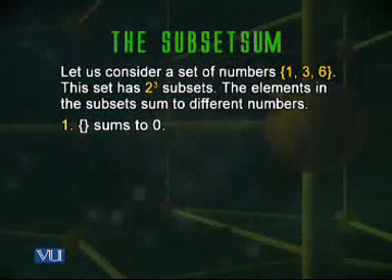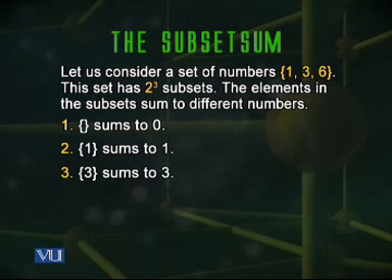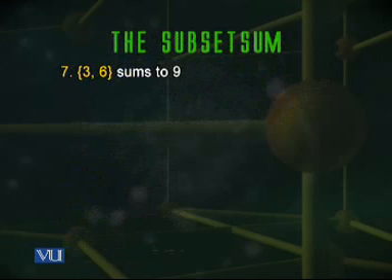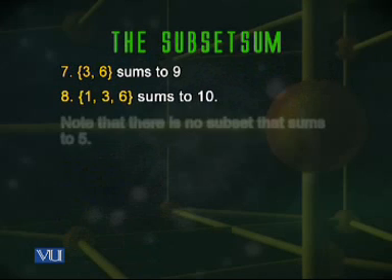Well, the empty set gives us the sum 0, the singleton set 1 gives us the sum 1, 3 gives us the sum 3, the singleton set 6 gives us the sum 6, the set 1, 3 gives us the sum 4, since 1 plus 3 is equal to 4. The set 1, 6 gives us the sum 7. The set 3, 6 gives us the sum 9. And the whole set itself sums up to 10.